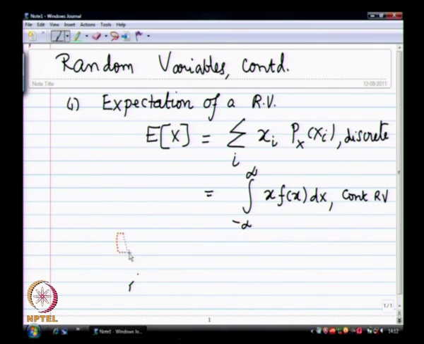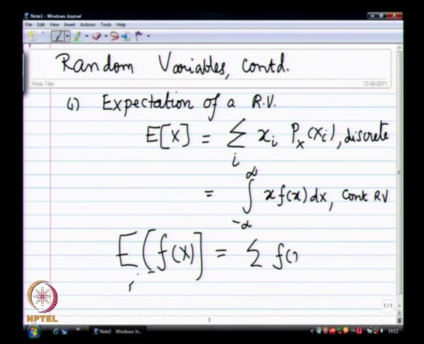It is again the same, simply f applied to xi and then the probability. So p x of xi just means the probability that the random variable x takes the value xi. We have seen this before.